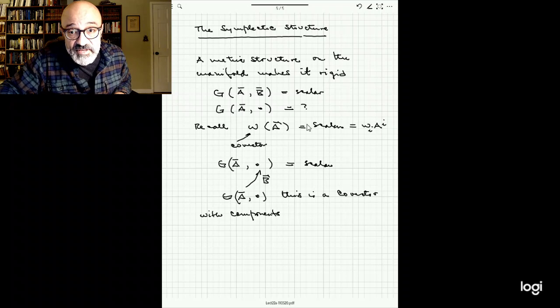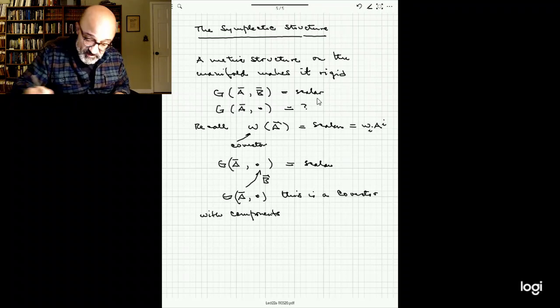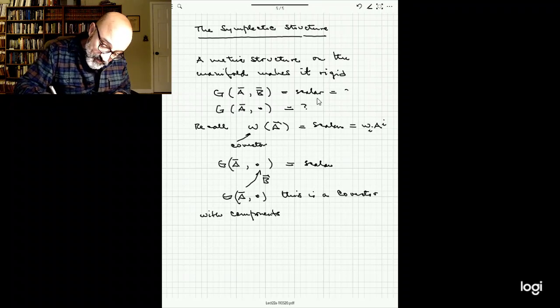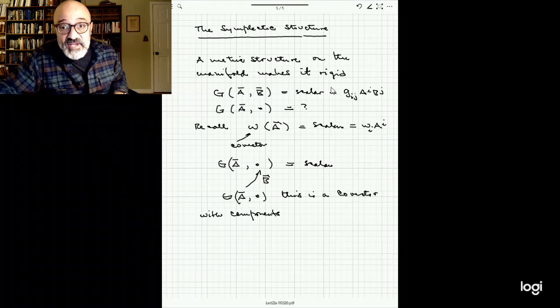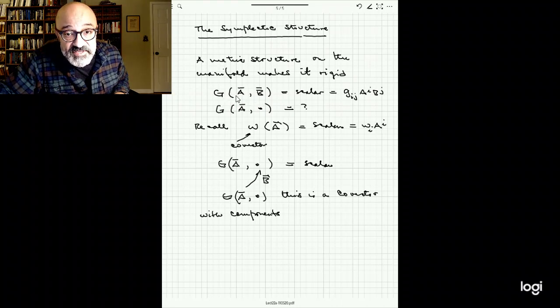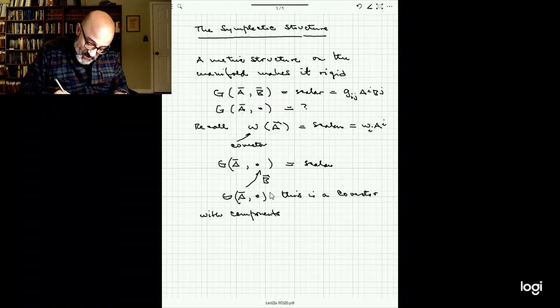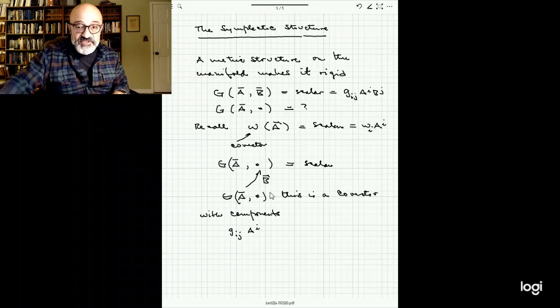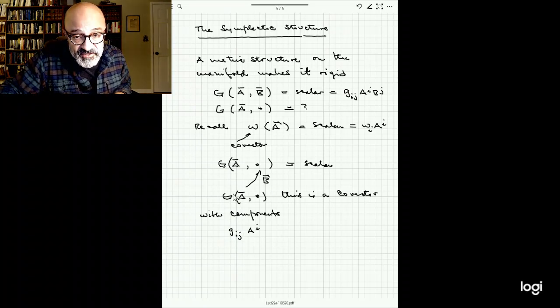The components of this covector: what are the components? Well, just like we had here, the components of these guys are going to involve G_ij, A^i, and then something to be inserted in that slot. Notice that here the index i is being summed over.